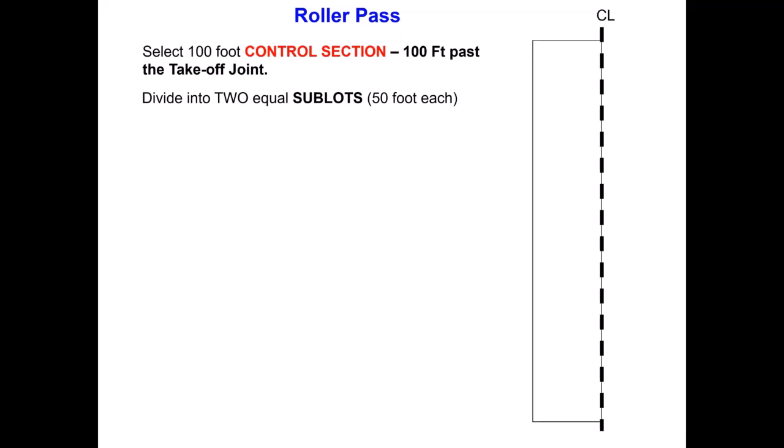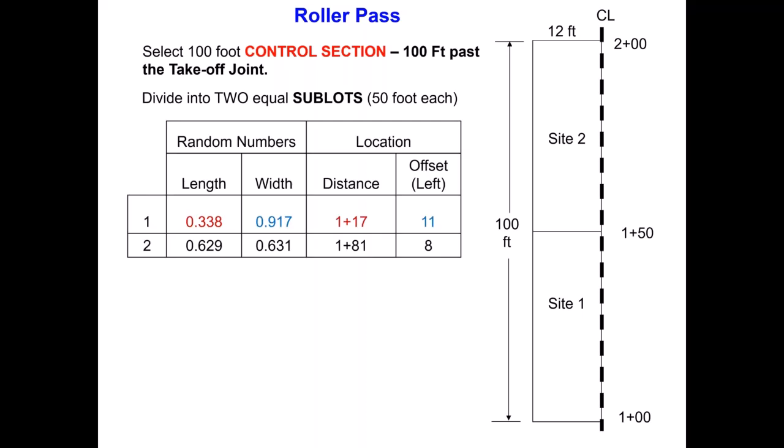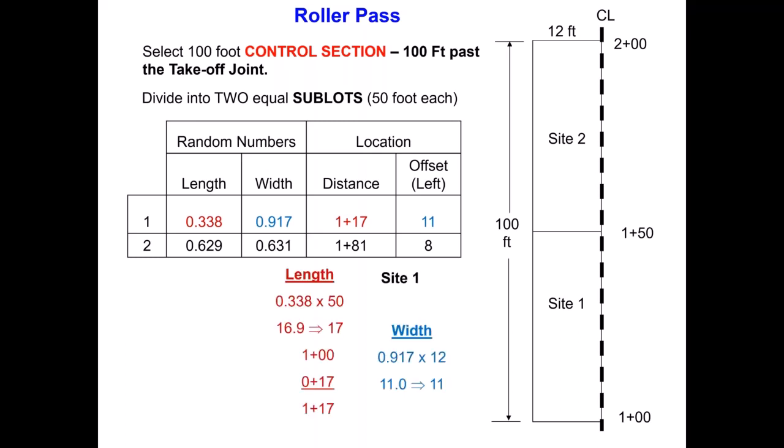So here's an example of what your roller pass section would look like. You've got a 100-foot long section, 2 50-foot sublots, starting 100 foot into the project. You figure up your random numbers and do the math to figure where your test locations are.